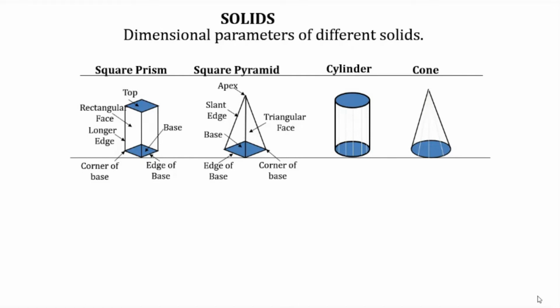That is why this is known as the solids of revolution. In the case of a cone, the same procedure is applicable, but in the case of a cylinder, the line which generates the circular surface should be parallel to the axis. But in the case of a cone, it has to be inclined.